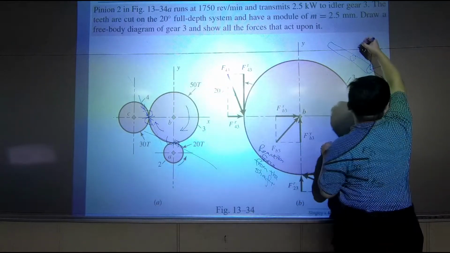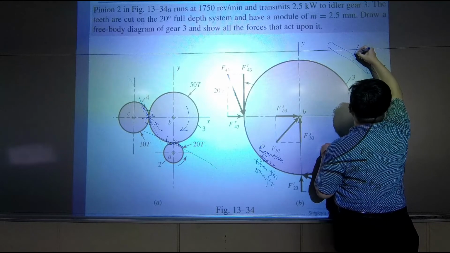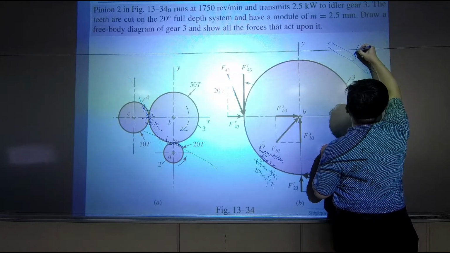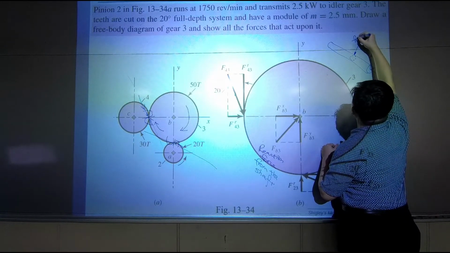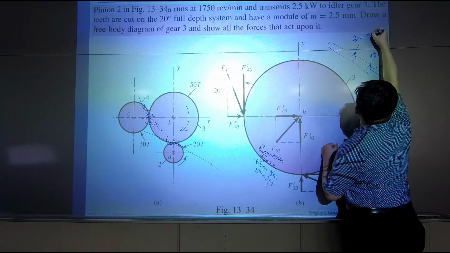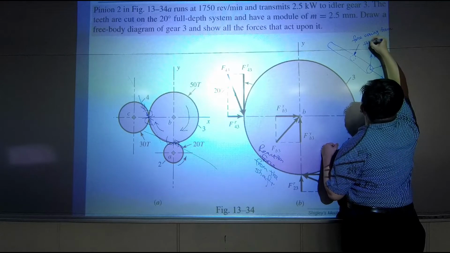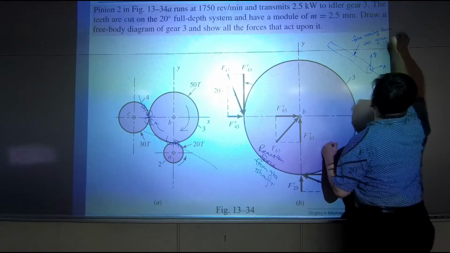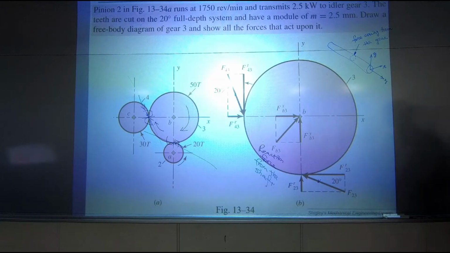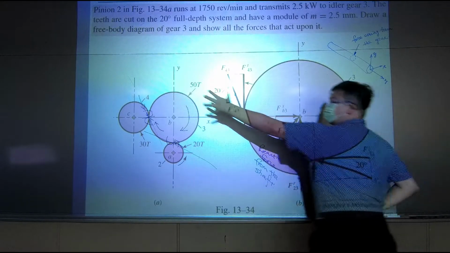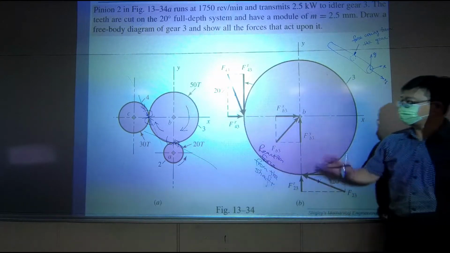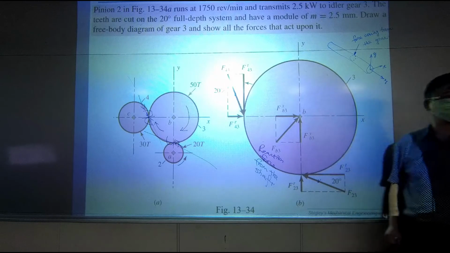So there will be a force going this way, and that will be the force coming from the gear. So how come the gear is pushing the shaft? Because of the reactions between the gear and other gears.